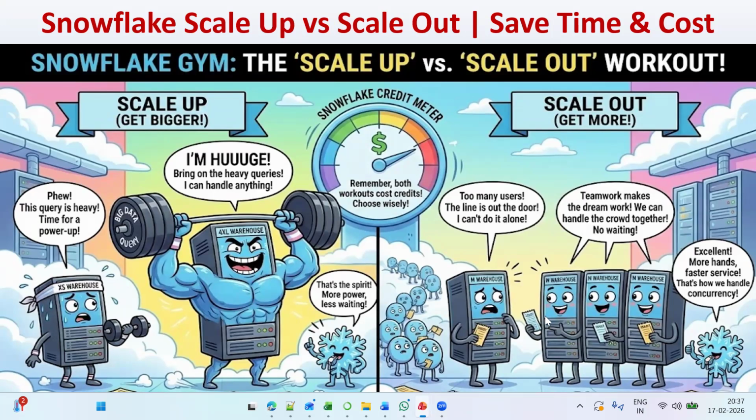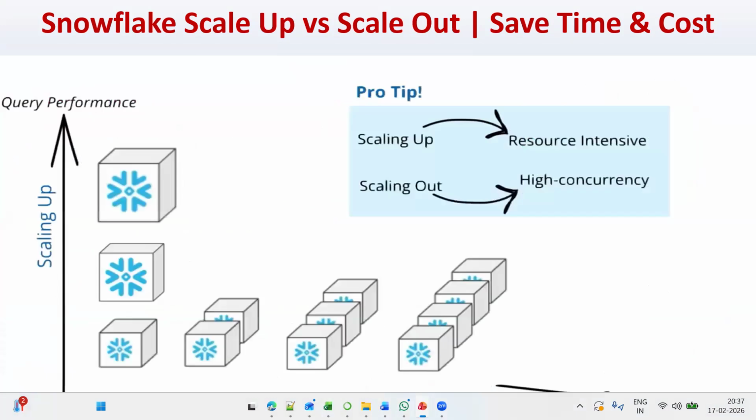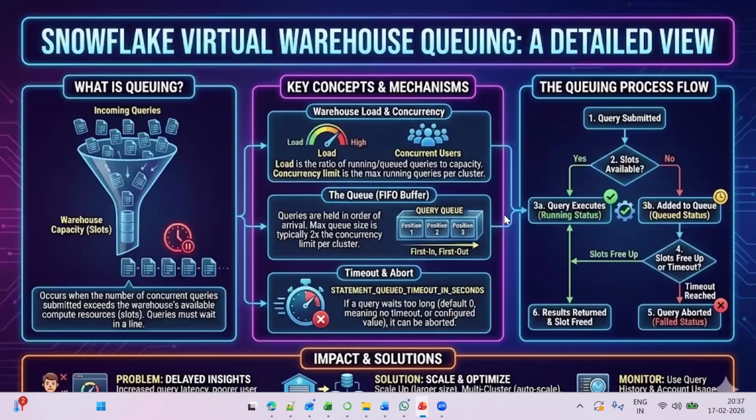So we will go with a multi-cluster warehouse here. I hope now it is clear, everyone. This is scale up and this is scale out. Clear? Jamani, now I hope you are able to understand, right? Yes, it is clear for me.